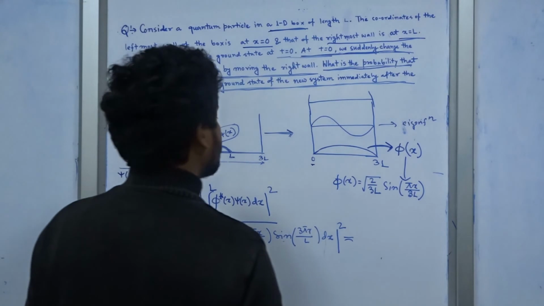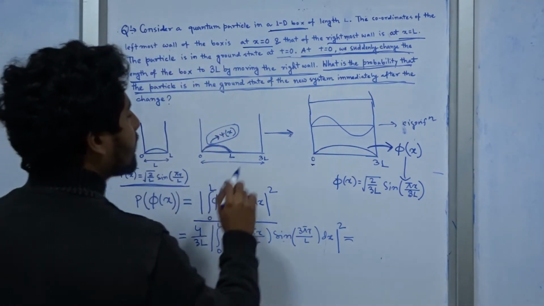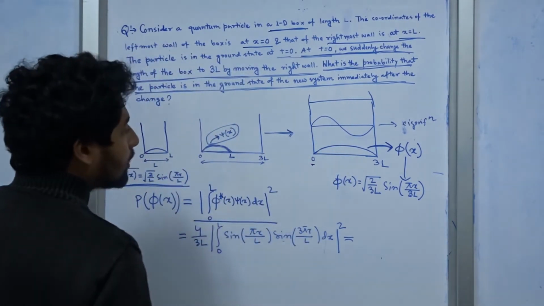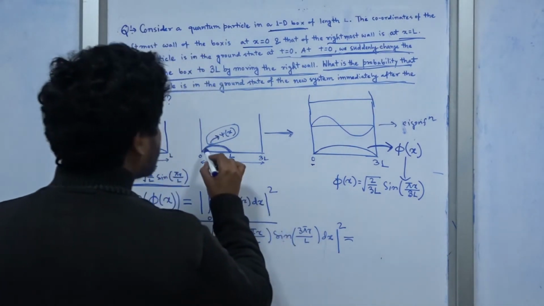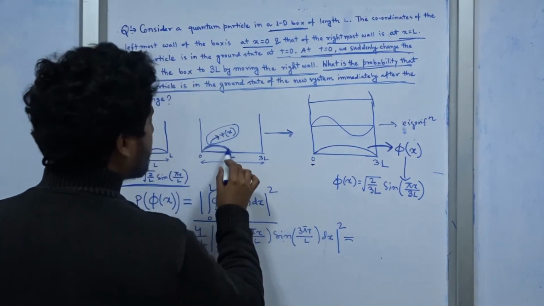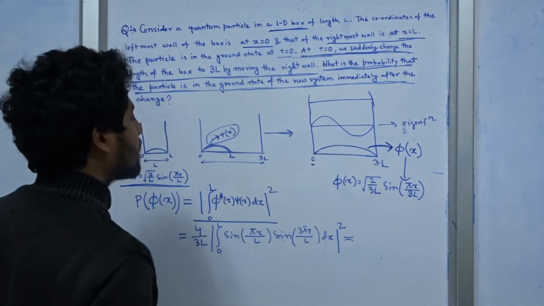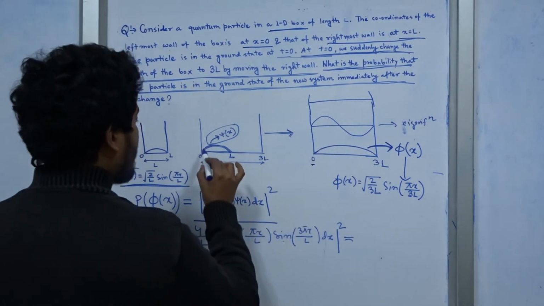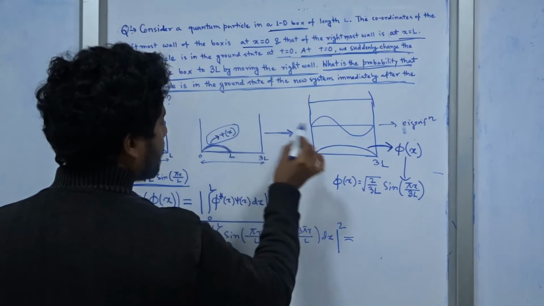Now the question is: what is the possibility of the particle to remain in that ground state? So in this wave function, how much is the contribution coming from this ground state? What is the possibility of finding it in the ground state?